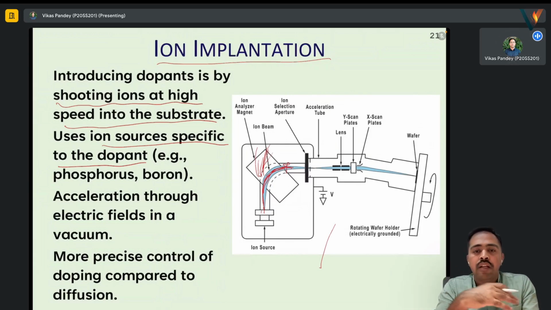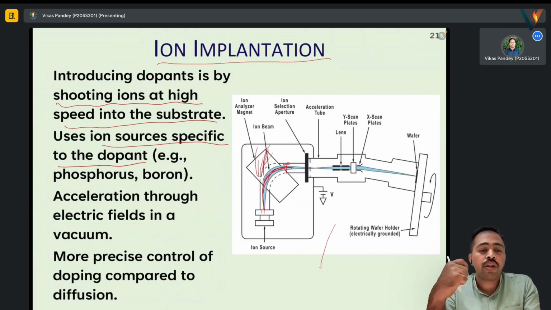And in vacuum it is even more precise; we don't have to worry about Brownian motion and all. This gives more precise control of doping compared to diffusion.